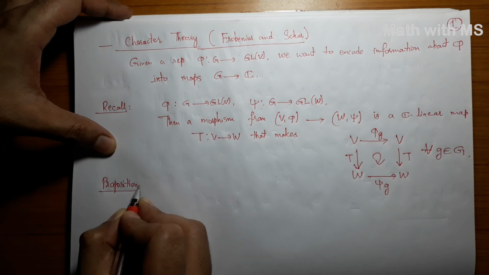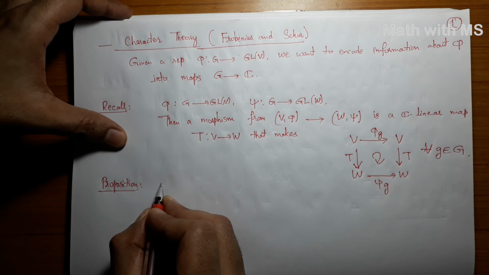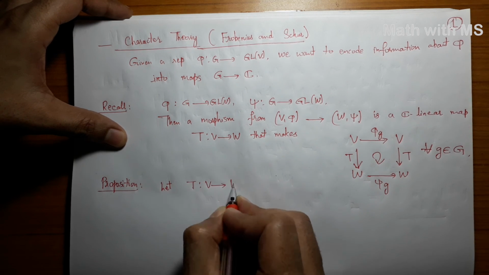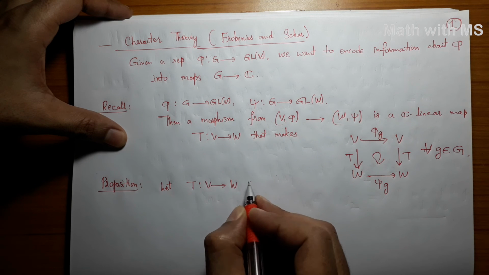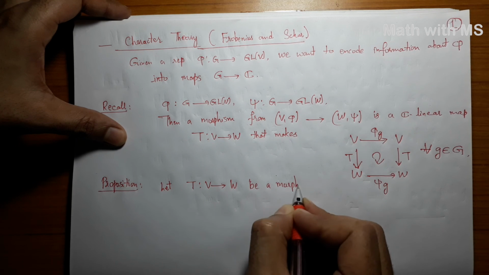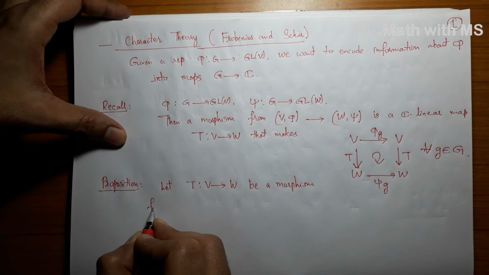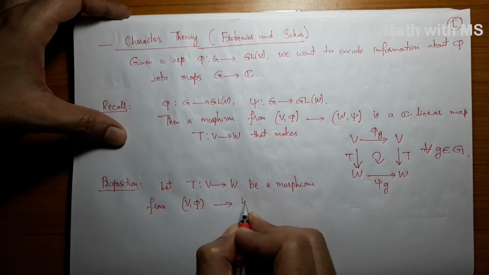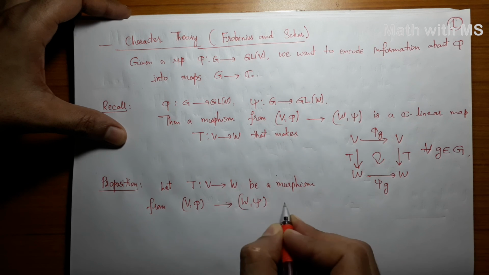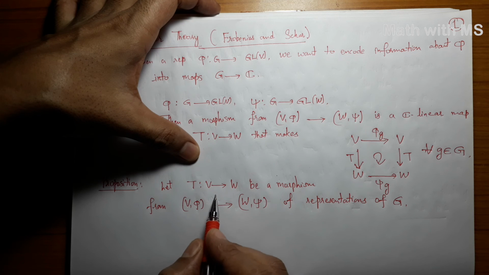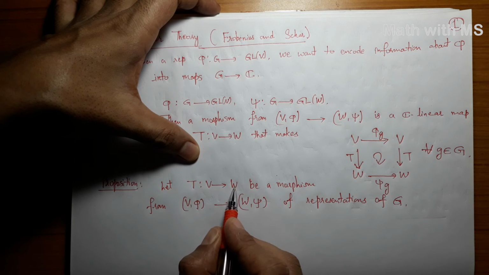Here is one proposition. Let T from V to W be a morphism from the representation (V, phi) to the representation (W, psi) of your group G. Since T is a linear map, you can talk about the kernel and the image of it.